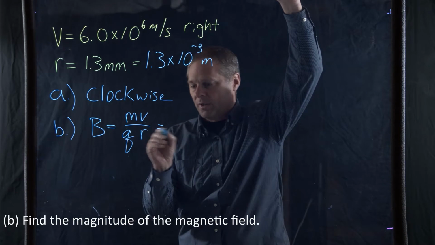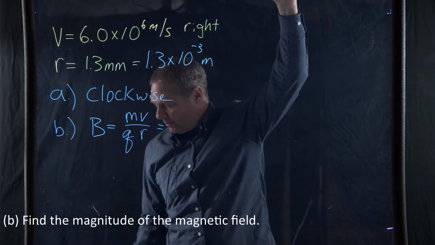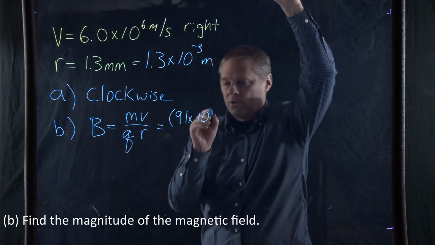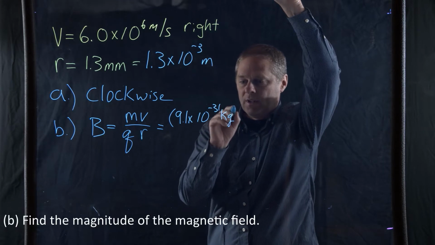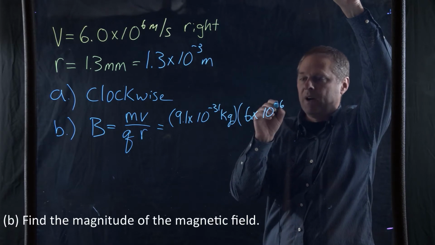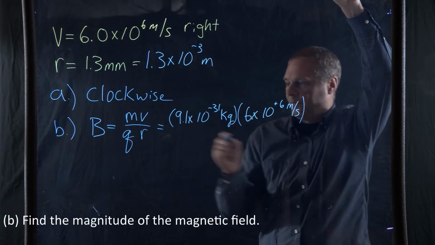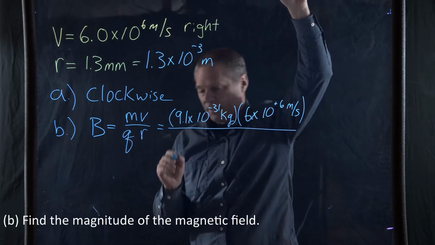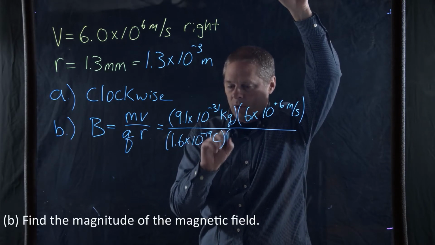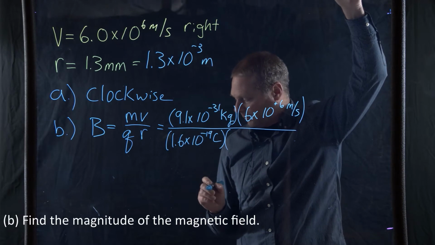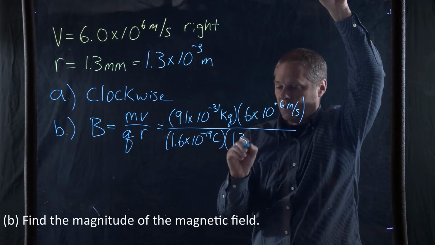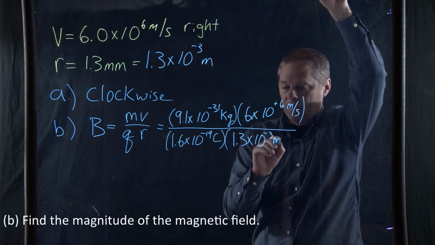If we start plugging in our numbers, we know that the mass of an electron is 9.1 times 10 to the negative 31st kilograms, times 6 times 10 to the positive 6 meters per second, divided by the charge of an electron, which is 1.6 times 10 to the negative 19th coulombs, times the radius, 1.3 times 10 to the negative 3 meters.